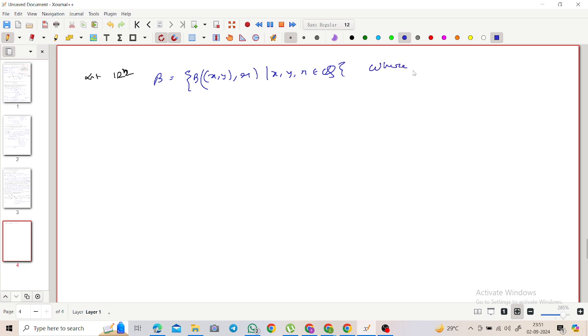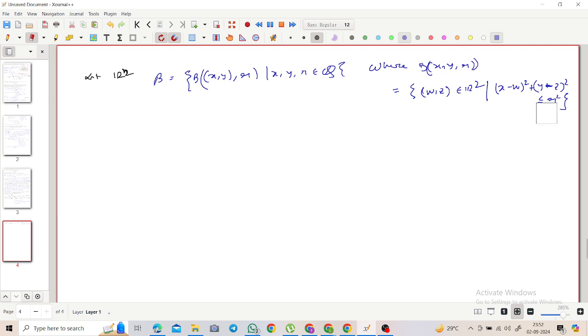where B(x, y, r) is basically all those (x, y) belongs to R2. Maybe I should write this like this: (w, z) belongs to R2 such that (x minus w) square plus (y minus z) square is less than or equal to r square.